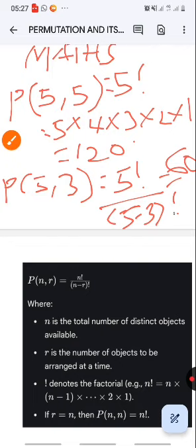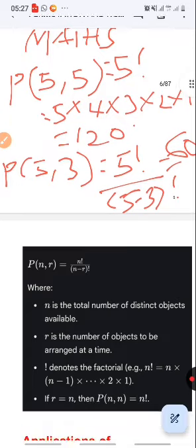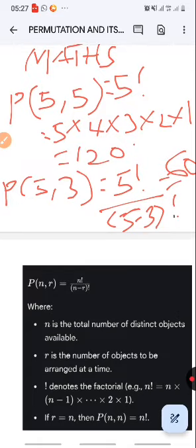First of all, what you need to do is write the permutation notation. The notation for permutation is P. Then the first number is for the total number of letters in the word. Then the second number is the number that is being selected. How many of the letters are being selected?